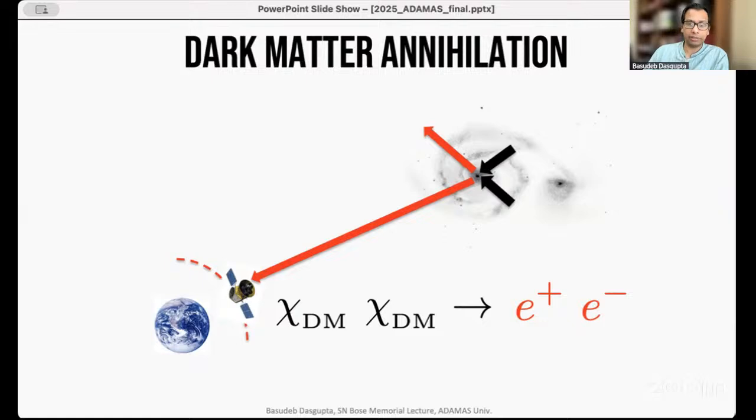Now, there are theories which predict that there are neutrinos other than these three neutrinos. These other neutrinos are even more weakly interacting than the normal neutrinos because they don't even interact through the weak interaction, that is, the W and Z bosons.